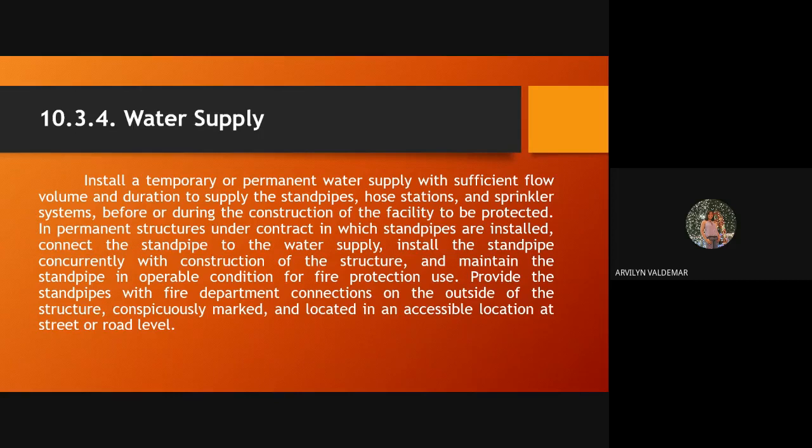In permanent structures under contract in which standpipes are installed, connect the standpipe to the water supply, install the standpipe concurrently with construction of the structure, and maintain the standpipe in operable condition for fire protection use. Provide the standpipes with fire department connections on the outside of the structure, conspicuously marked, and located in an accessible location at street or road level.